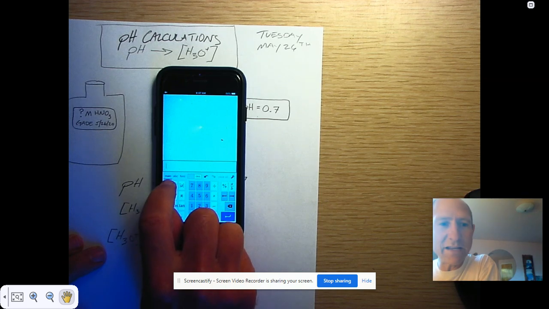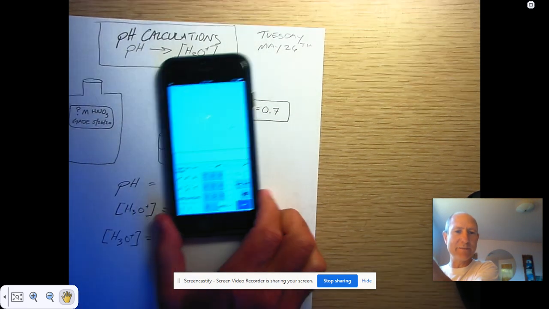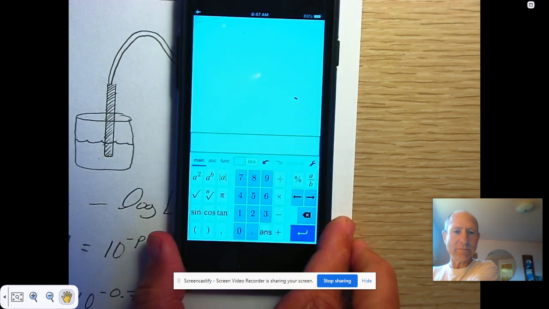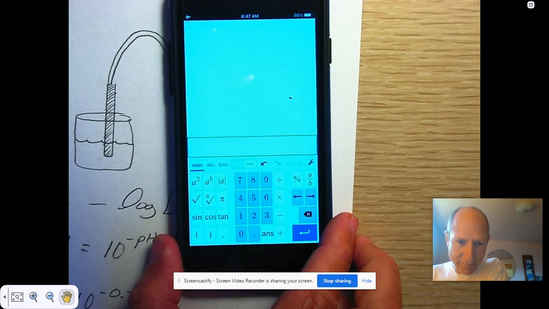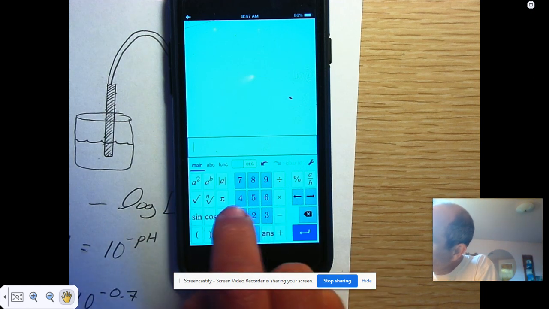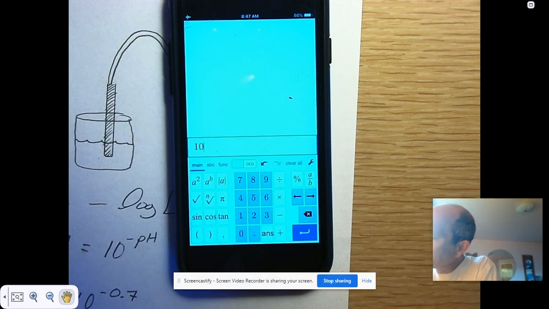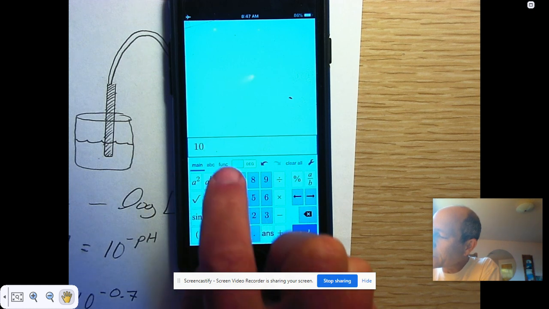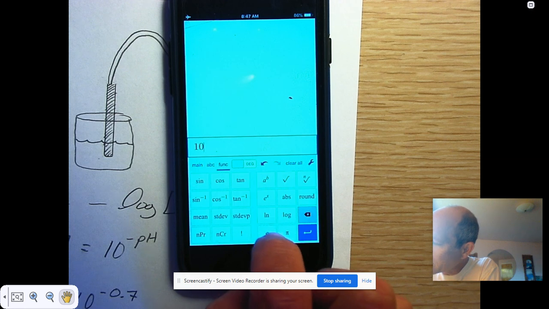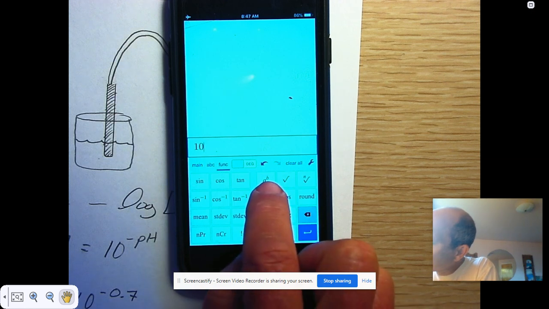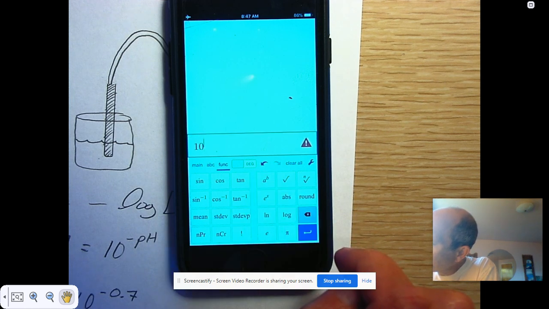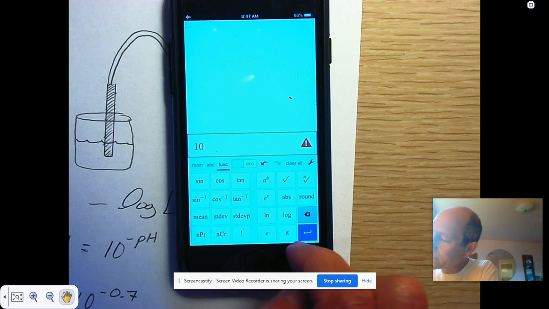I start on the main menu right here. Let me zoom in on this. Start on the main menu right there, and then I'm just going to type in 10, and then I'm going to switch to the function menu up here. And then I'm going to use this exponent thing here, this a to the b power. So I'm going to click that right there, and then I need to make it to the negative 7/10 power.